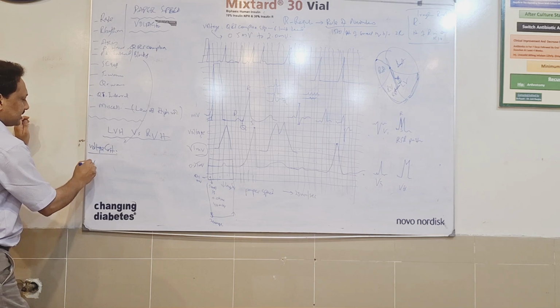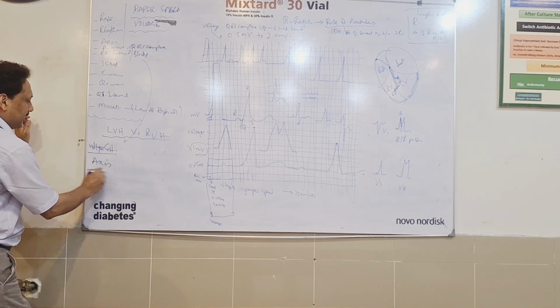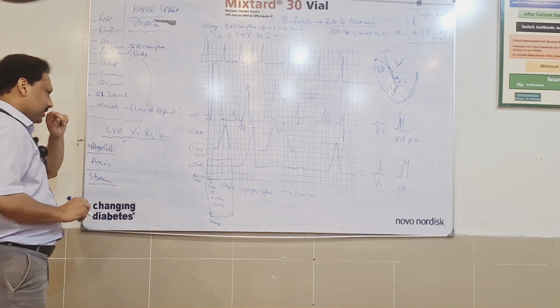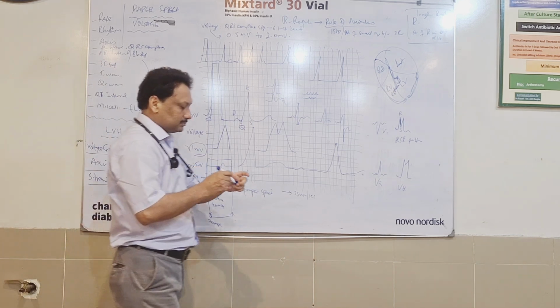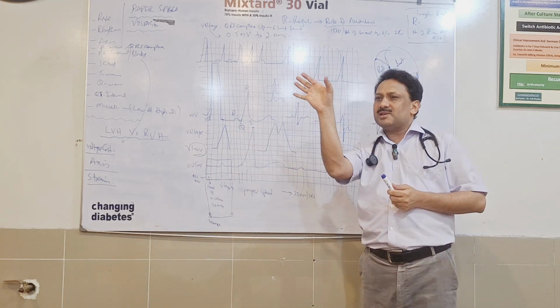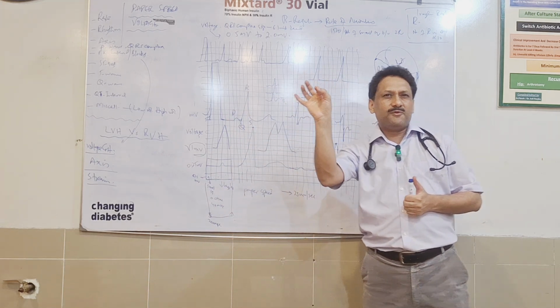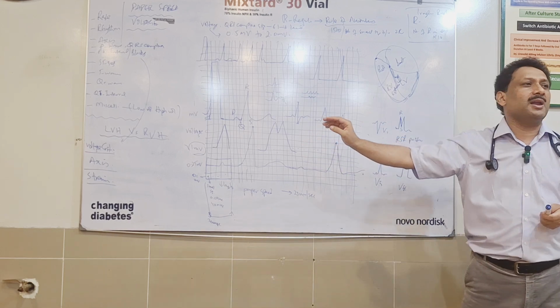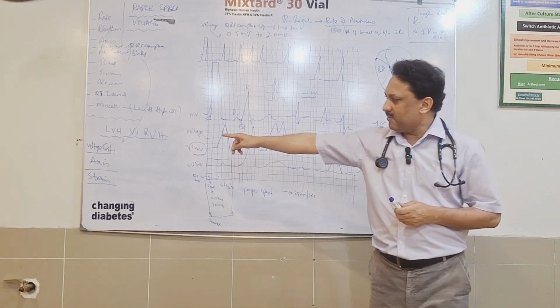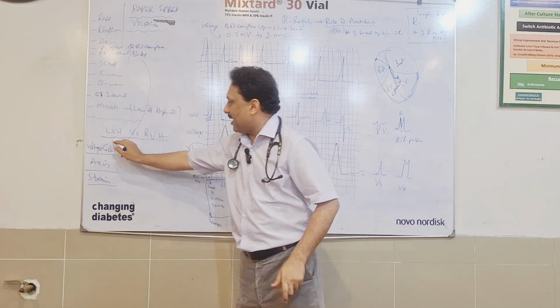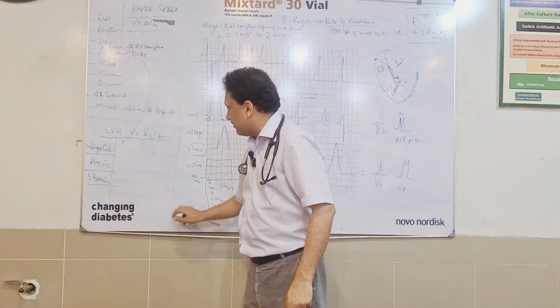The number 2 is axis. The number 3 is strain pattern. There are a few other things as well, like the peak of R wave size being more than 0.05, but this would be confusing you a little bit. So these three things are enough. Remember voltage, remember axis, remember strain, what will happen in LVH and what will happen in RVH.